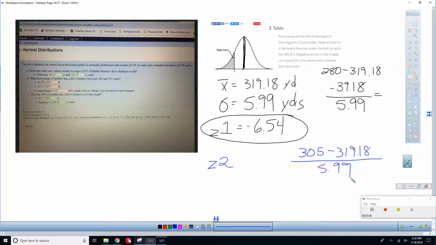Let me do that as fast as I can. 305 minus 319.18 divided by 5.99. Okay, so that one's going to be on our chart. Our second z-score is negative, because it's to the left, 2.37.